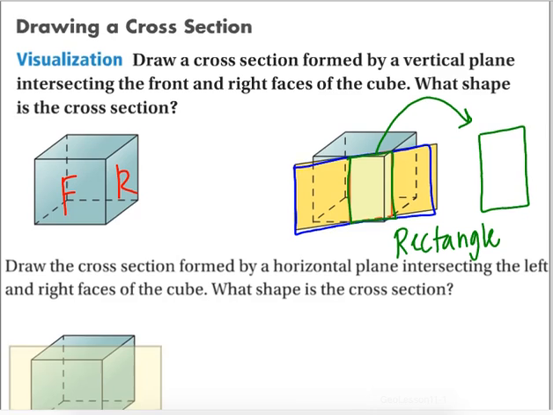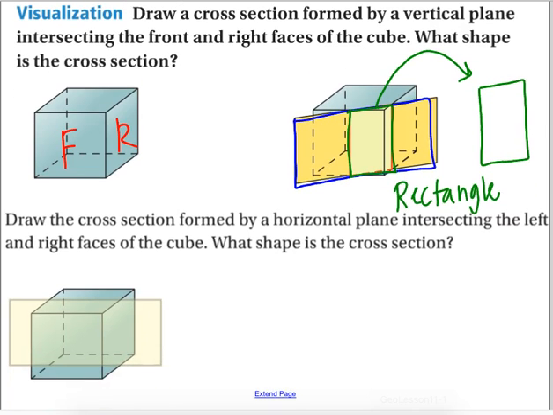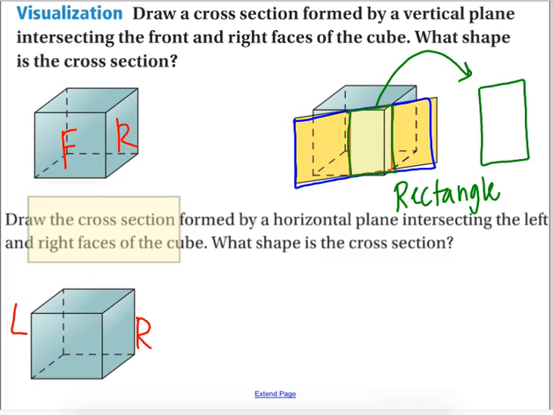Okay, let's try another one. It says, draw the cross section formed by a horizontal plane intersecting the left and right faces of the cube. So I cheated again. I have a little knife here, but here's my left wall, here's my right face, and then here's my knife cutting on down through it.